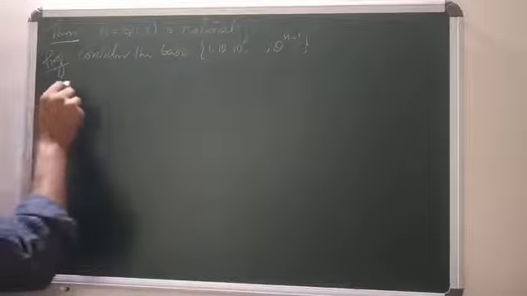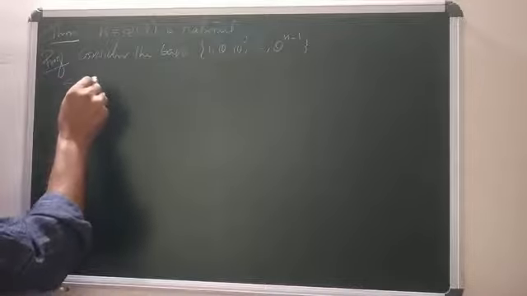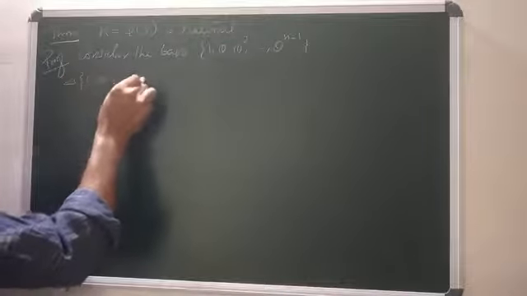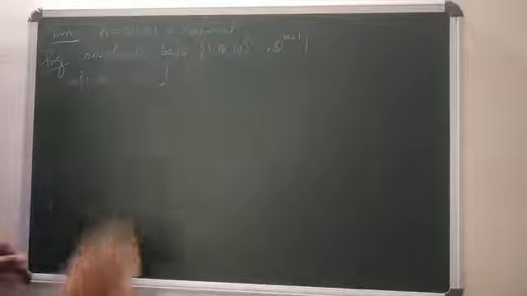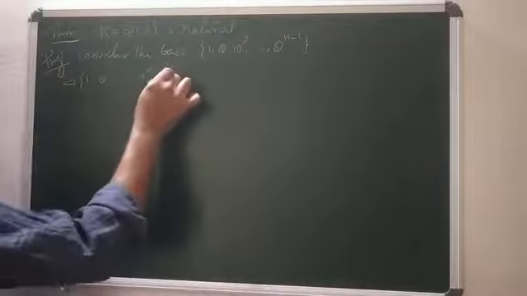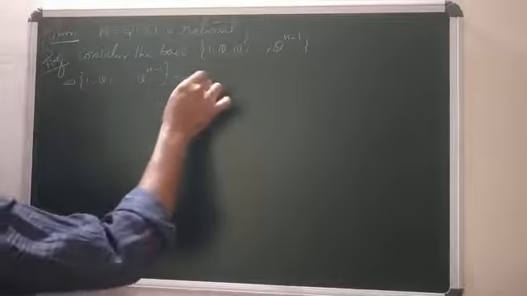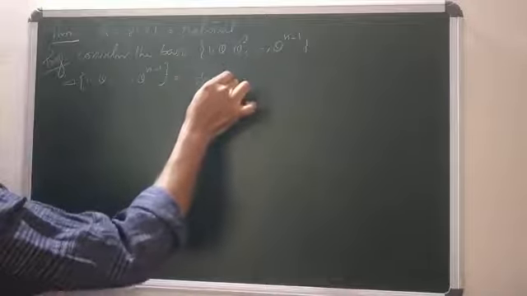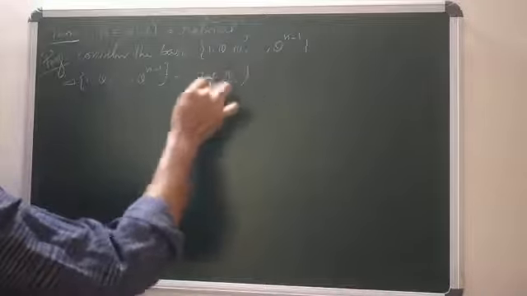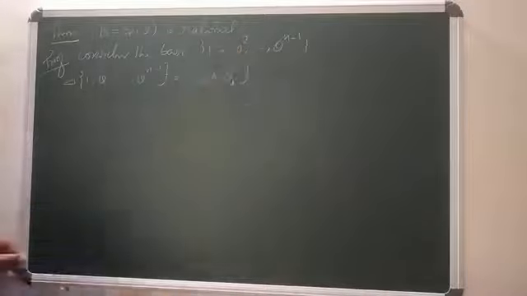Then the discriminant delta of 1, theta, theta squared, up to theta power n minus 1 is nothing but the determinant of (theta_i power j) whole squared. Why? Because this is our definition.